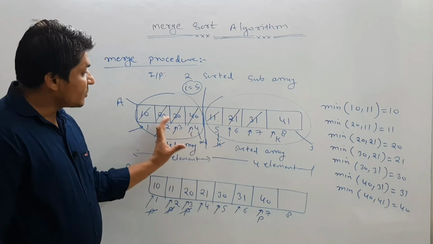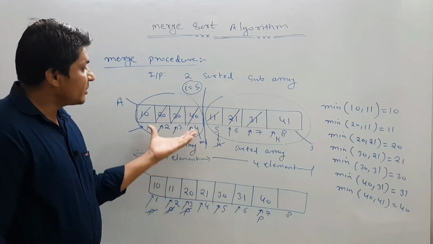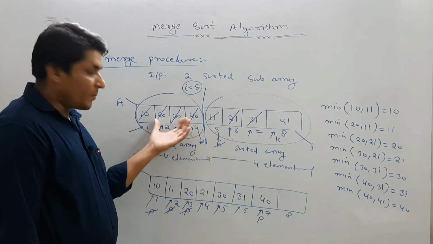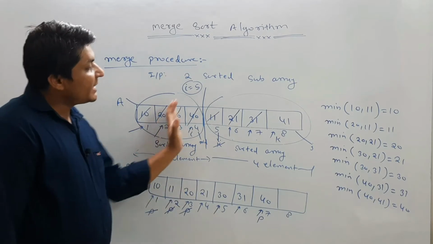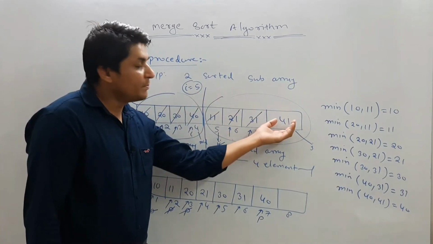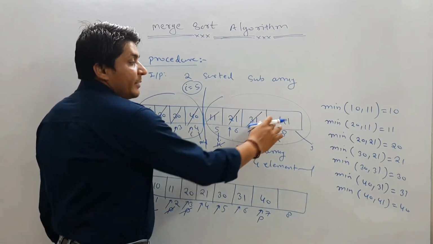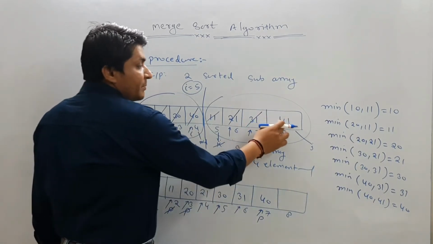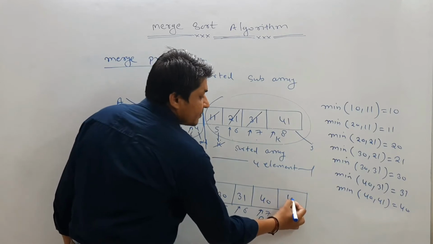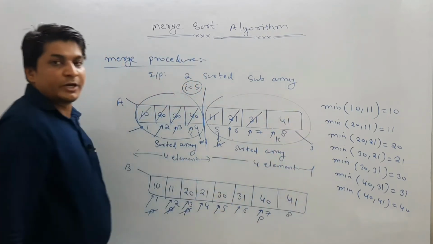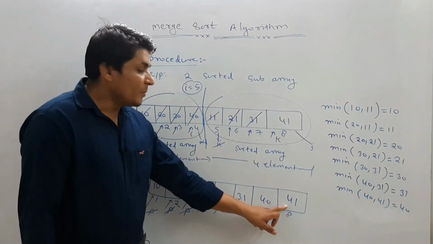If I has crossed the first array limit, it means this first array is already copied into this array. It means the remaining array is already a sorted array, so you can simply copy the elements from the second array. You don't need to make any other comparison. So you can simply copy 41 here, because that element is already sorted. So 41 will be copied as it is.